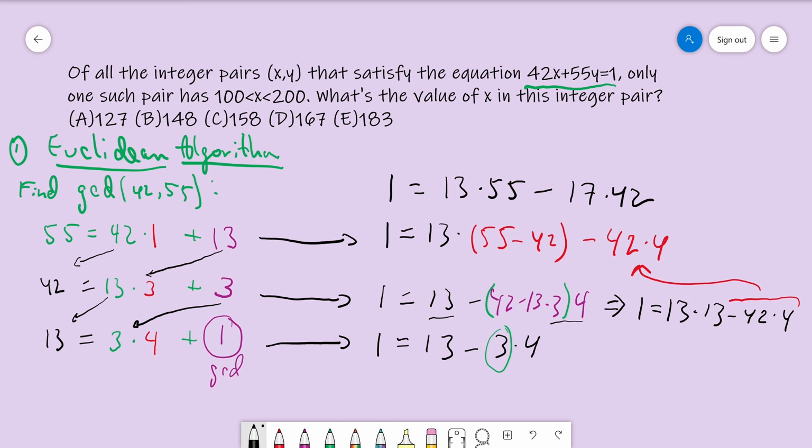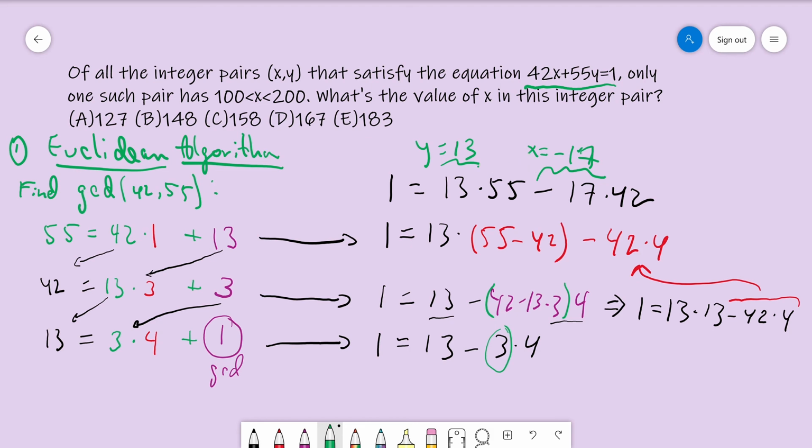So our answer is x could be minus 17 and y could be 13. This is x and y. That's one answer that satisfies this equation.